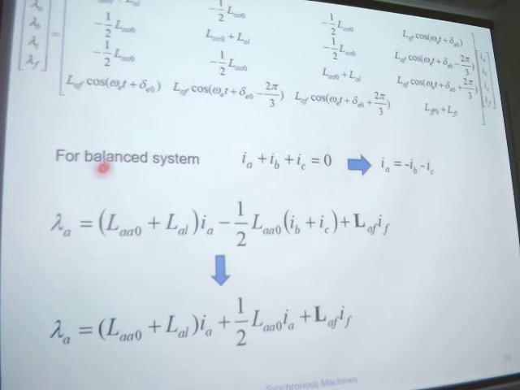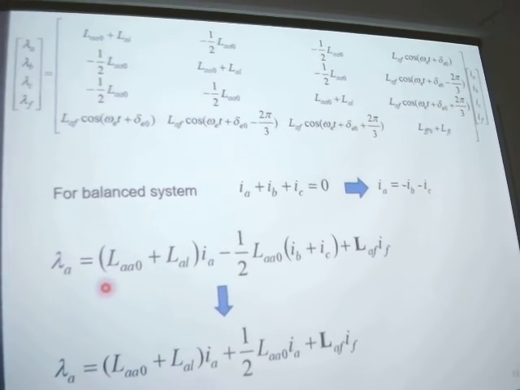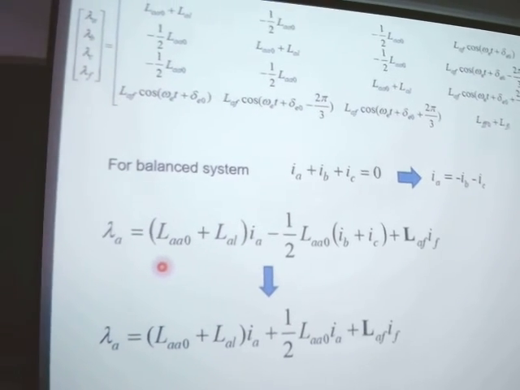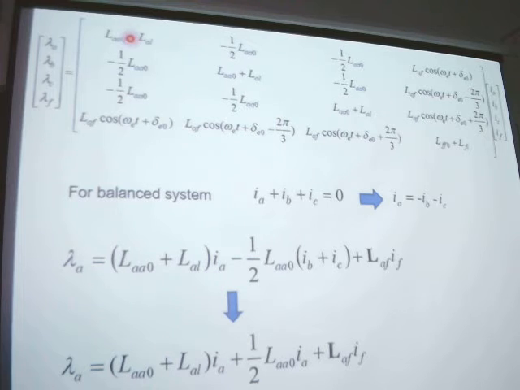So for lambda A, it is here: lambda A is LA0 plus LC, and this one multiplied by IF.